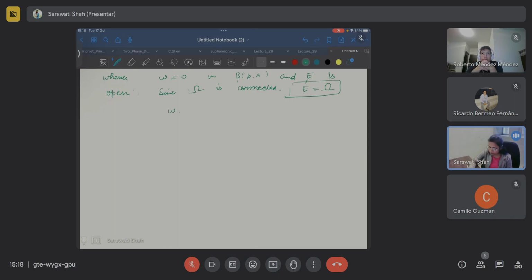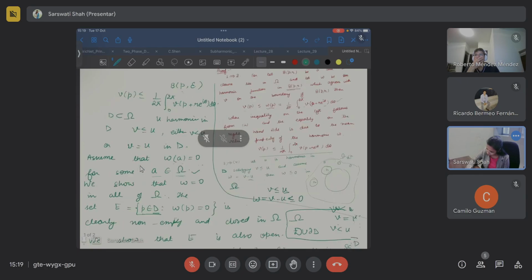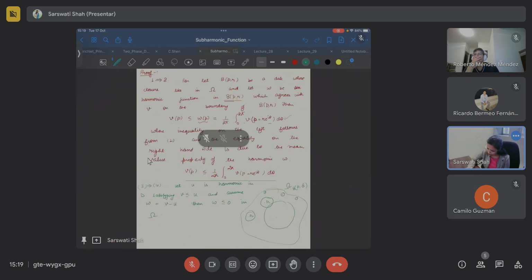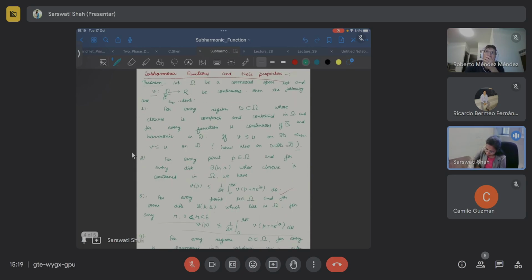So W equals 0 on the whole omega, like V equals U on the whole omega. Rather than saying V equals U on whole omega, we can say that V equals U on D, because we are talking about the harmonicity of U only on the domain D. The next point was, for every region D contained in omega, either this property holds, so we have to prove this property, the first one.